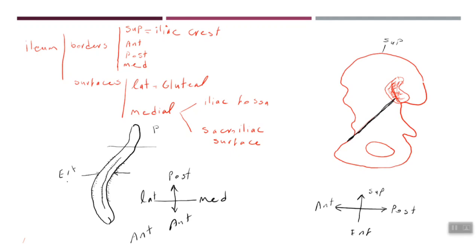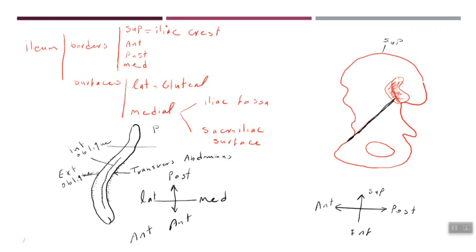External oblique muscles, transverse abdominis, and here the internal oblique muscles. Okay, this is the attachment of the muscles to the crest.